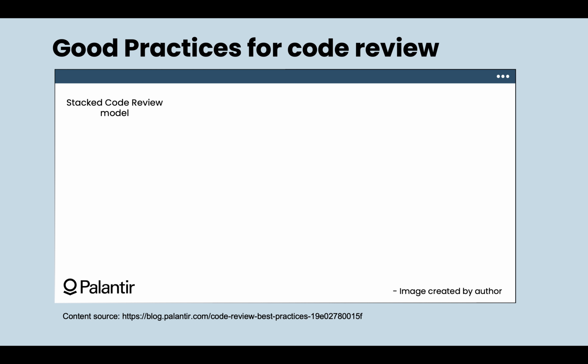I want to include a third tip here, and it is related to what Palantir does when it comes to large amounts of code that have to be reviewed. Note that this might contrast with what Clement suggests. Palantir says that for complex changes that are too large to fit into the mainline branch as a single unit, it is advisable to consider something they refer to as a stacked code review model.